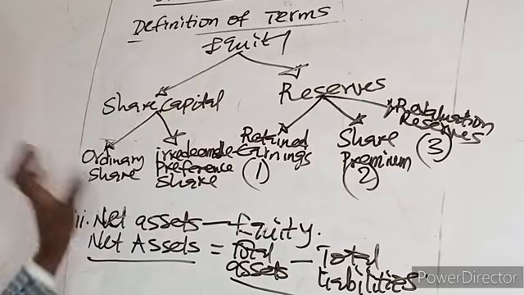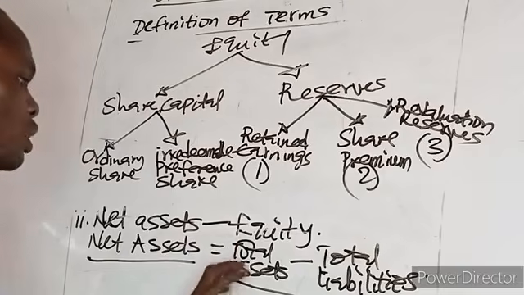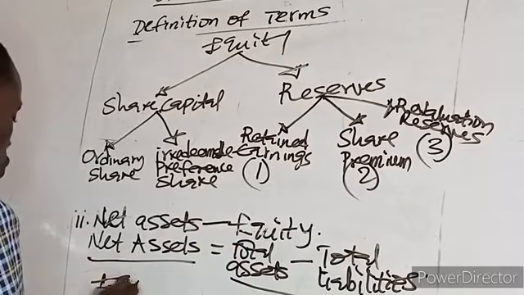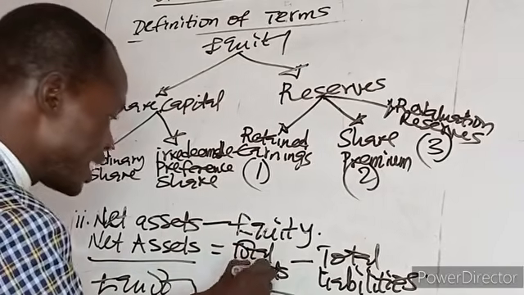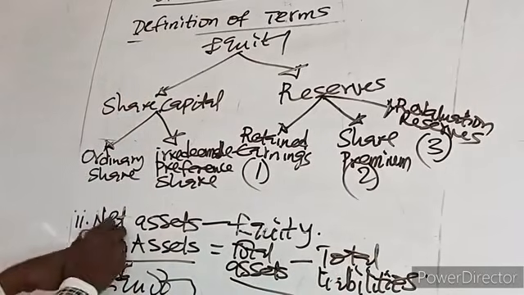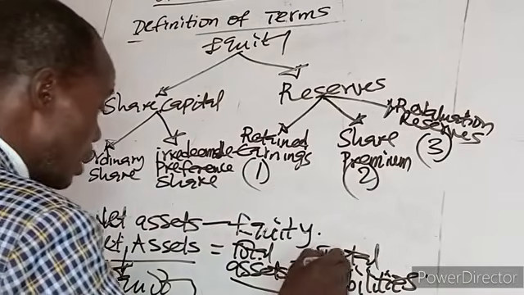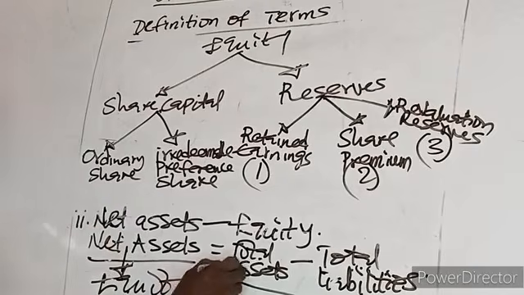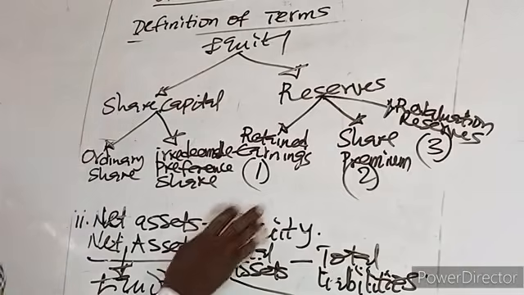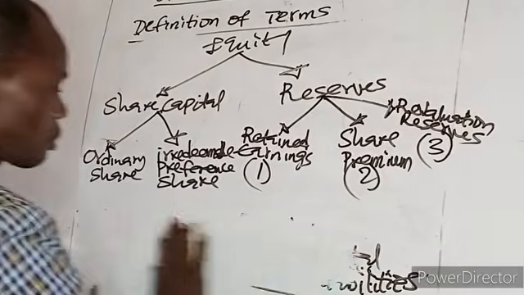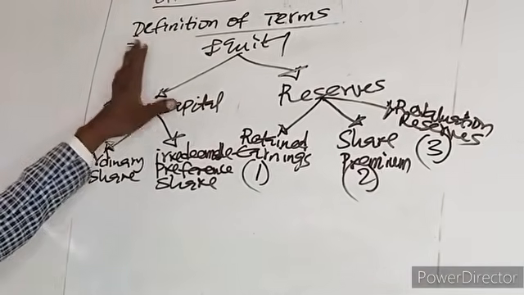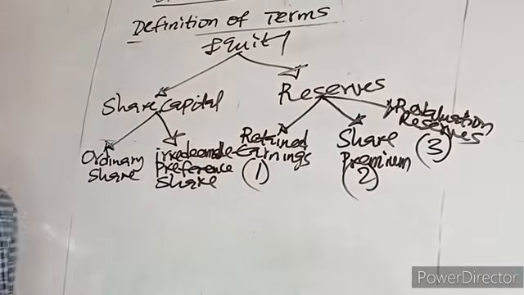So your total assets less total liabilities is equity. Remember, I told you that net assets are the same as equity. If net assets are equity and net assets are total assets minus total liabilities, that means equity is equal to total assets minus total liabilities. That is equity or net assets.